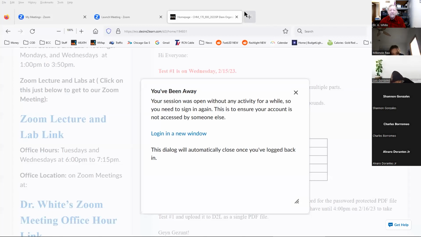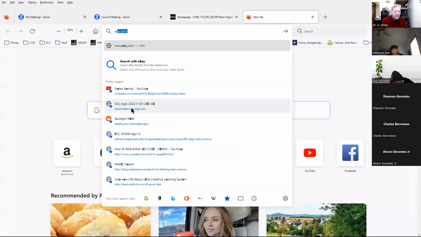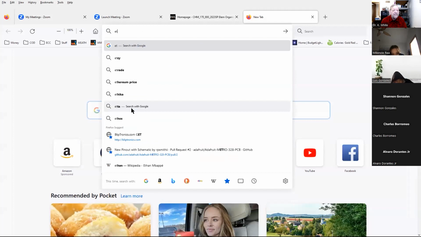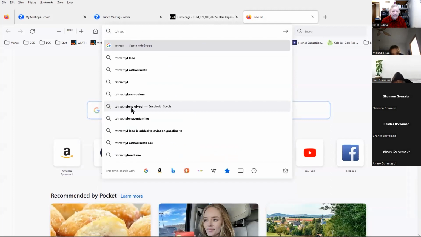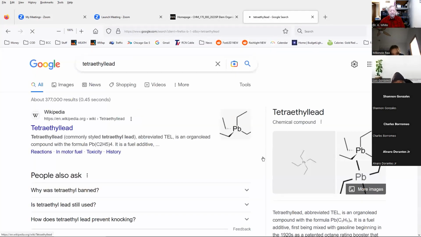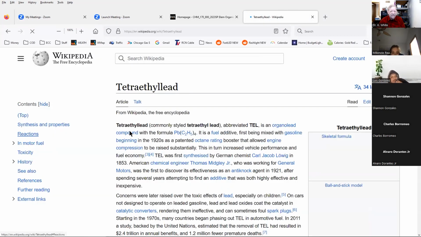No. But it is put in there. Now, an important little side note. Everybody see on the screen tetraethyl lead? Each line here is a carbon.